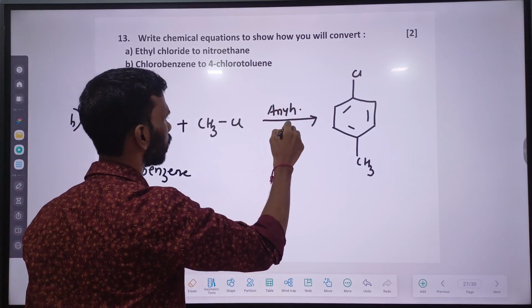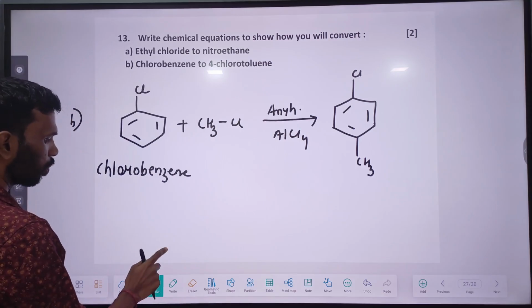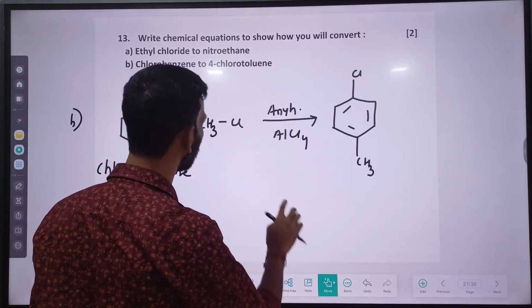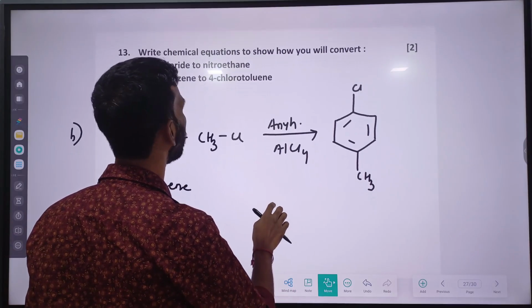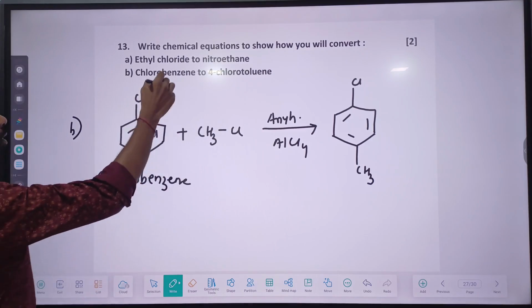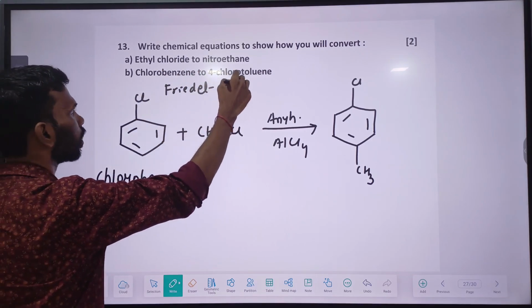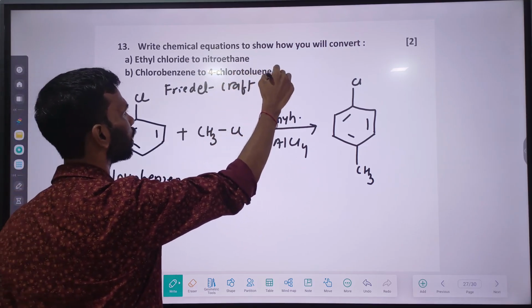anhydrous AlCl3. This reaction is again electrophilic aromatic substitution, and this is known as Friedel-Crafts alkylation reaction.